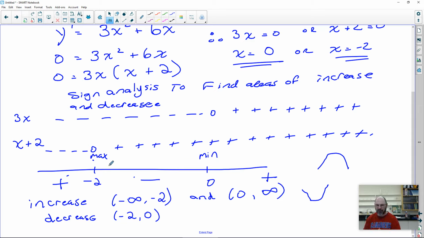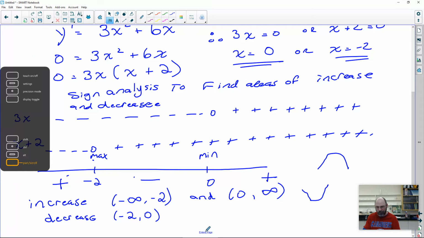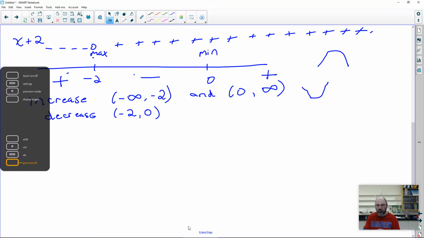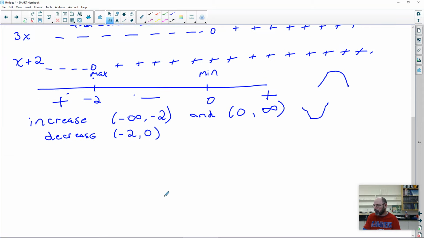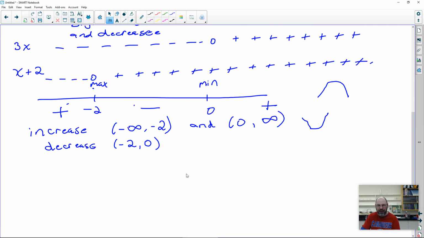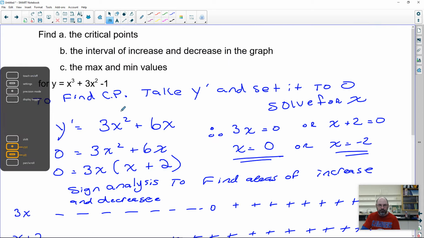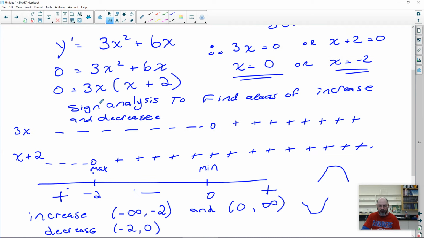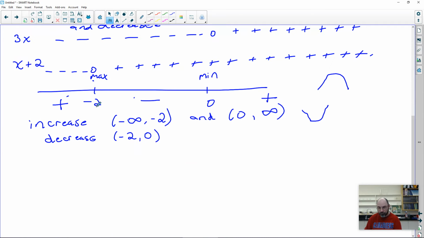Now you're like, okay, I know where my max and my min are, but what are the points? I don't know what they are. We have to find out what your max and min are. If you want the y points, you have to go back to the original equation. So we got to go all the way back up here to x cubed plus 3x squared minus 1.